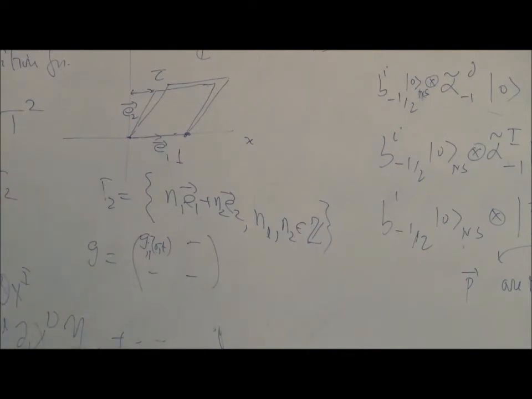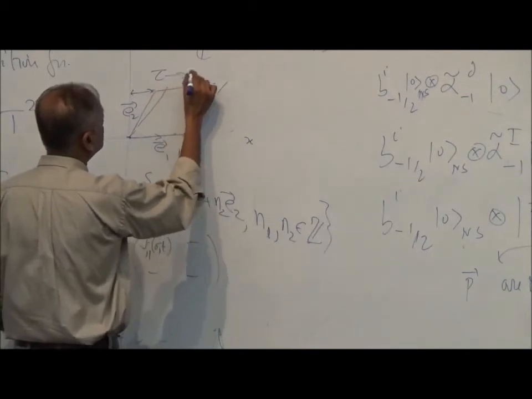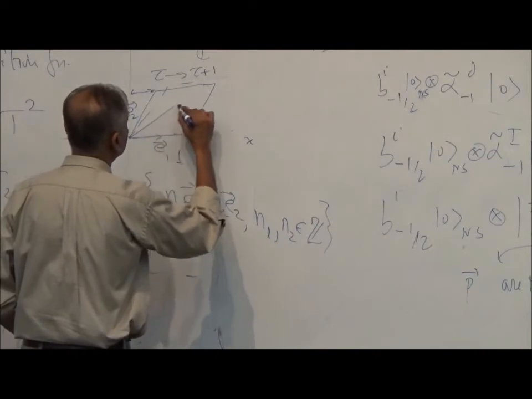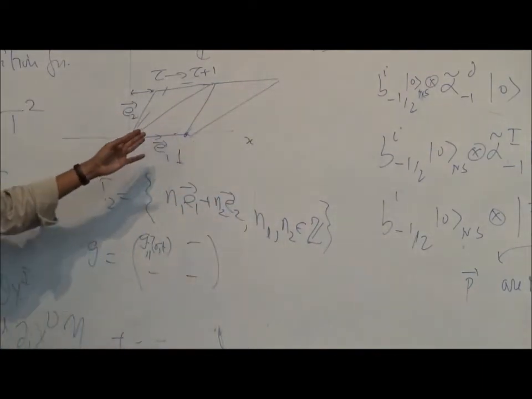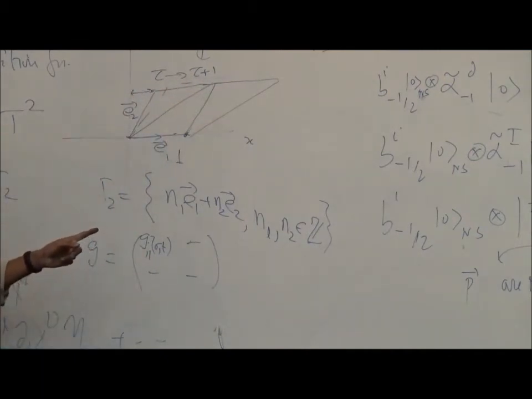For example, take a transformation where tau goes to tau plus 1. That means I've got a new parallelogram, but this parallelogram is nothing different. Tau plus 1 was already an element of the lattice. It is just that you have chosen a different basis in the same lattice. So that is not a different torus. Not all taus are conformally inequivalent. Different taus may be describing the same torus.